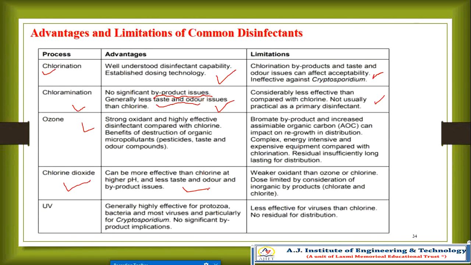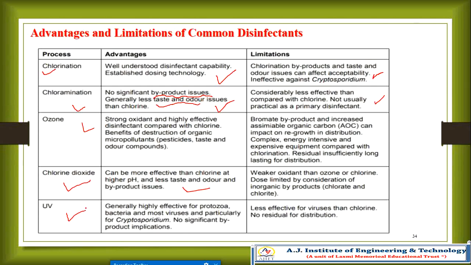Okay. UV is generally highly effective against protozoa, bacteria and most viruses, practically like cryptosporidium. It is less effective for viruses than chlorine, and has no residual in distribution.